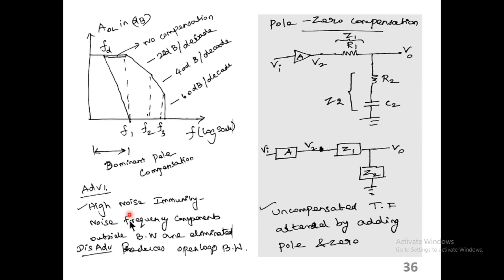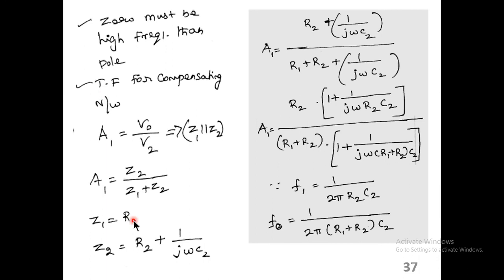Advantages: high noise immunity, since noise frequency components outside the bandwidth are eliminated. Disadvantages: it reduces the open loop bandwidth. For pole zero compensation, we are taking this rough diagram for analysis. It is an amplifier circuit. This simple basic approximation is listed here.